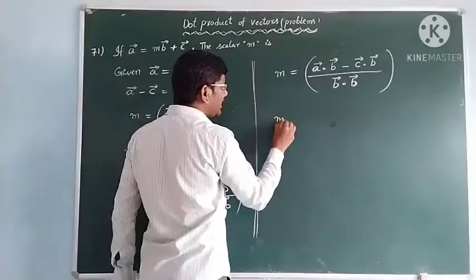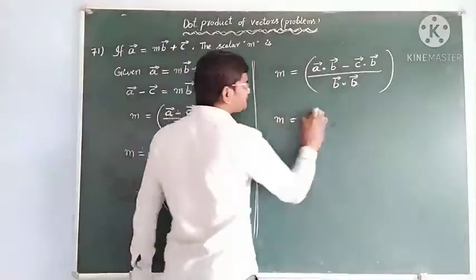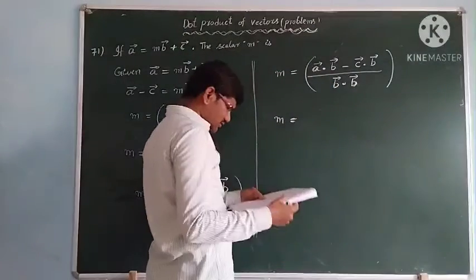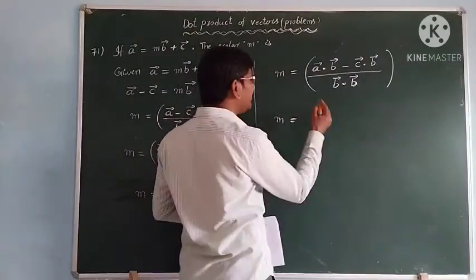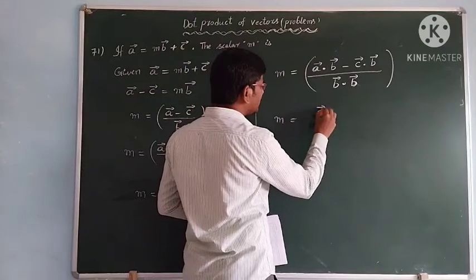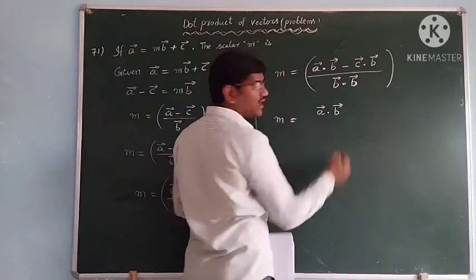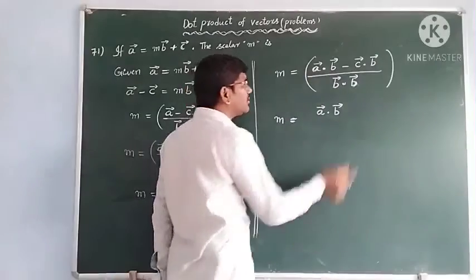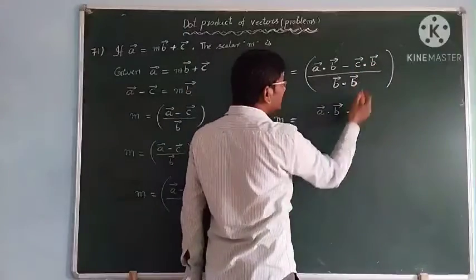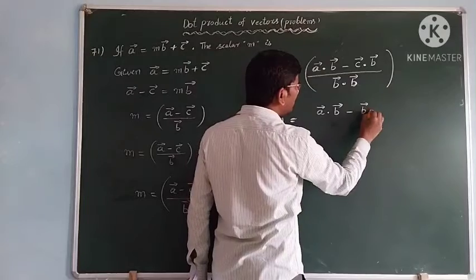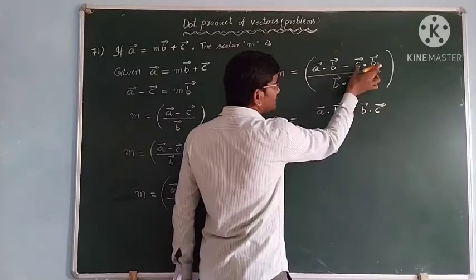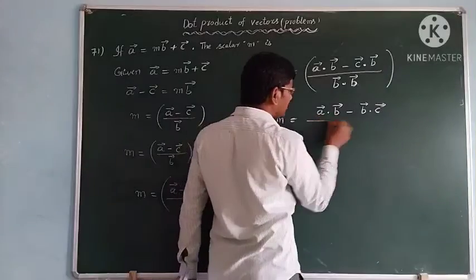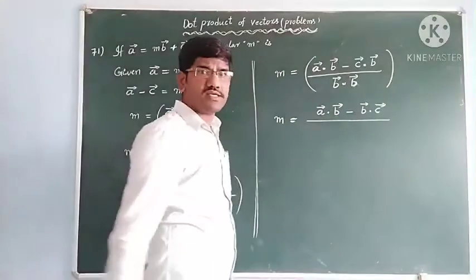So then M is equal to A bar dot B bar, same I am writing. According to the option I am changing the answer. So A bar dot B bar is A bar dot B bar only, and the C bar dot B bar I am changing as B bar dot C bar. Both are same. C dot B is the same as B dot C, since the dot product obeys the commutative law.